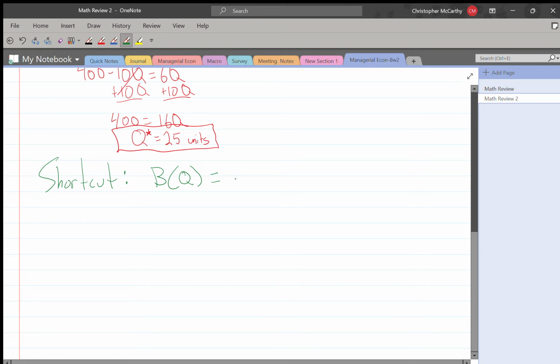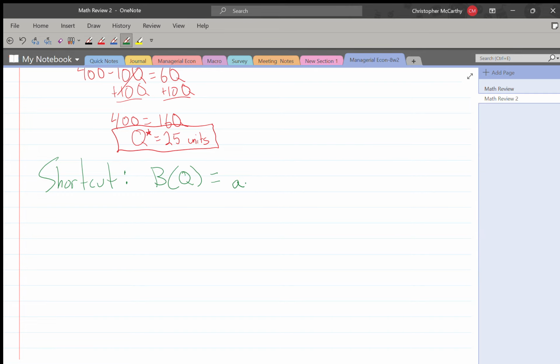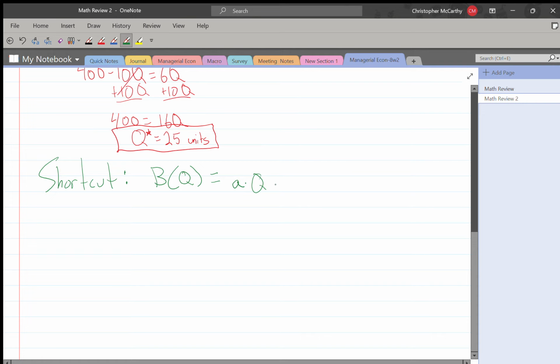So the first constant we'll call a times q, plus b times q squared. So this is how all of your benefit equations are going to show up.